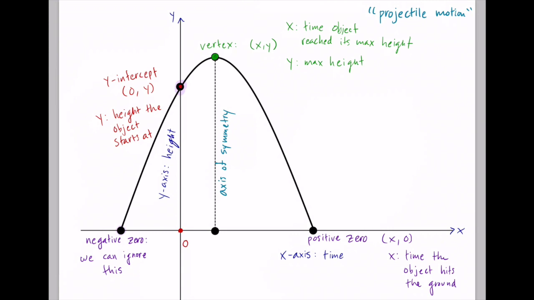So that means this distance from the -0 to the axis of symmetry is the same exact distance from that axis of symmetry to the +0. It's always symmetrical. So that dotted line, that axis of symmetry, is right in the middle of this parabola. So also that means that the vertex is right in the middle.